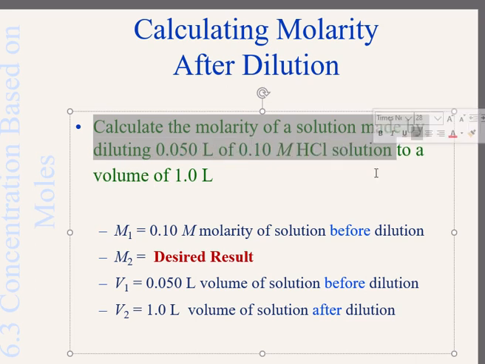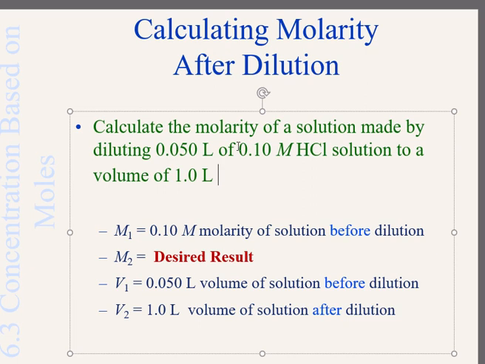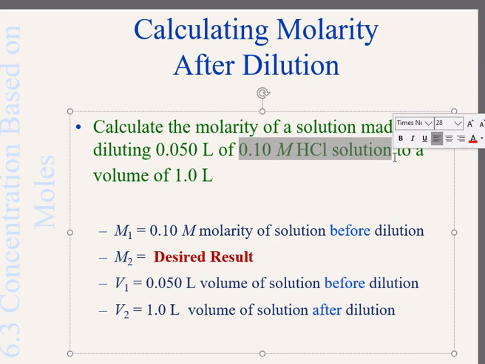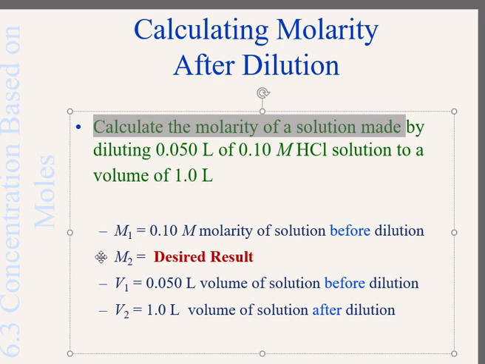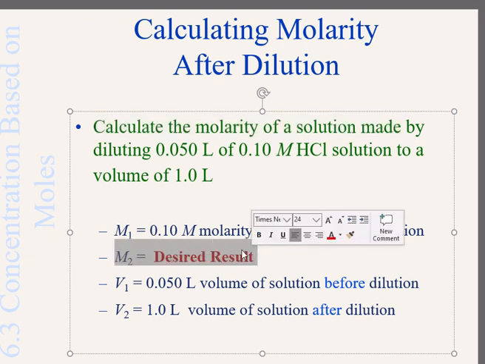So if we are going to make a dilute solution, and if this is the solution we are going to use to make a dilute solution, then this must be our original concentrated solution. So if this is the concentration, that must be the value for M1. And we are being asked to calculate the molarity of a solution that's made, meaning that we are being asked to find M2, our dilute solution concentration.